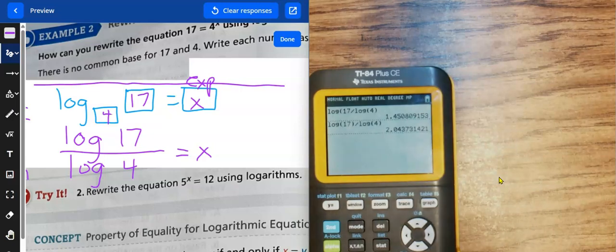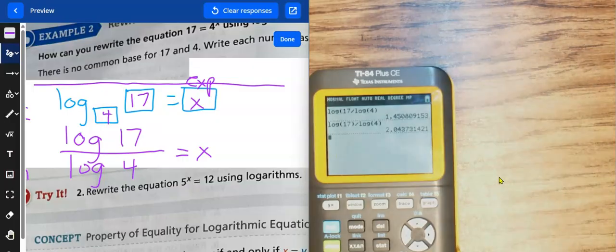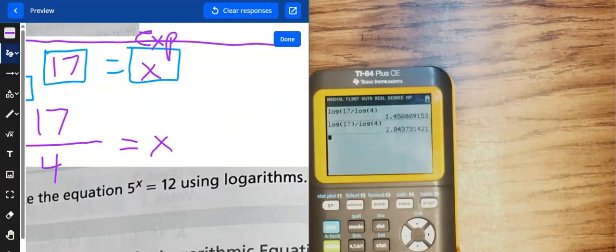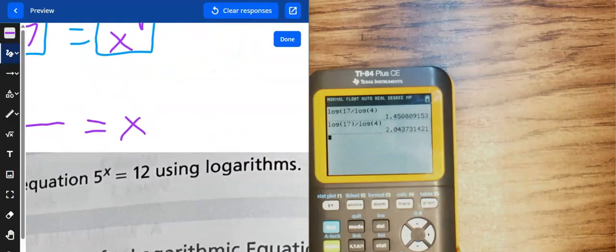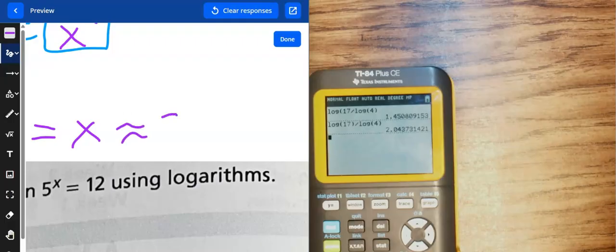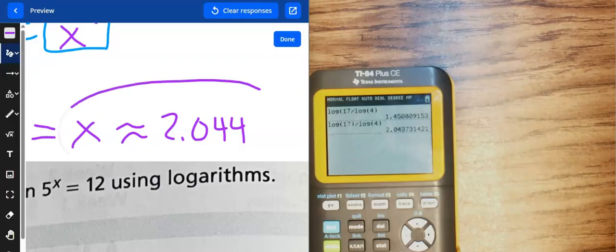If you're using a horizontal style like this, do not forget that parenthesis, or you'll get it wrong. Now, if you're using a vertical style like this, Desmos Scientific or something like that, or your handheld does vertical fractions, that's fine. So like something like this.